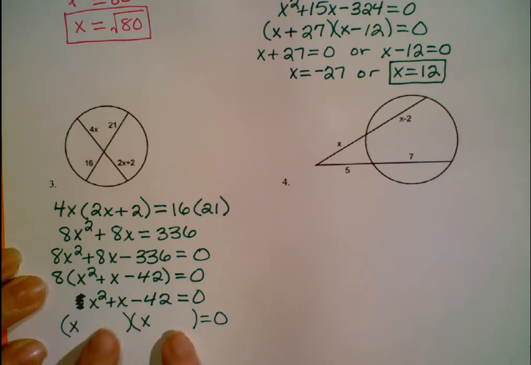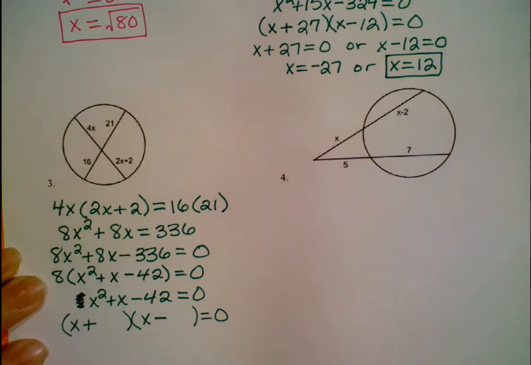So the product of these two numbers must be negative, which means that one of them must be positive, the other negative. So I need two values that have a product of 42, but whose difference is 1 for the 1x. And that would be our 7 and 6. Since this middle term is positive, the higher number 7 needs to be a plus, and the 6 needs to go with the minus.